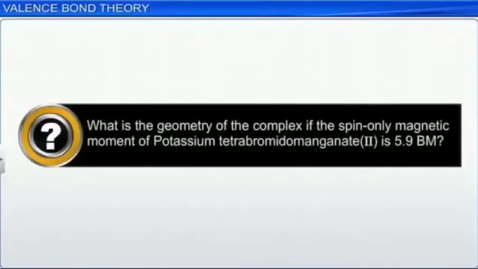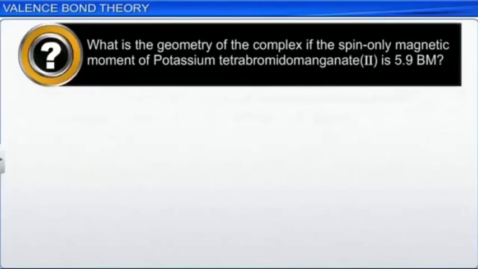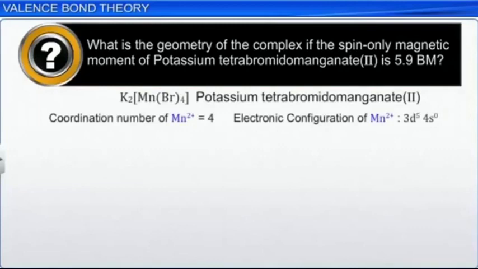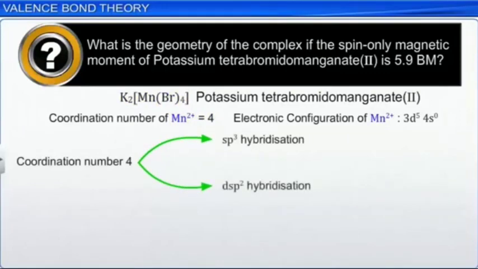Here is a question for you. What is the geometry of the complex if the spin-only magnetic moment of potassium tetrabromido manganate 2 is 5.9 Bohr magnetons? The coordination number of the Mn+2 ion in the given complex is 4. Hence, it may either undergo sp3 or dsp2 hybridization, and may have either tetrahedral or square planar geometry.